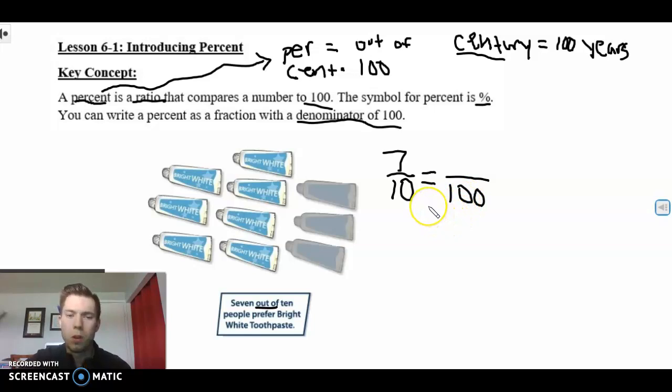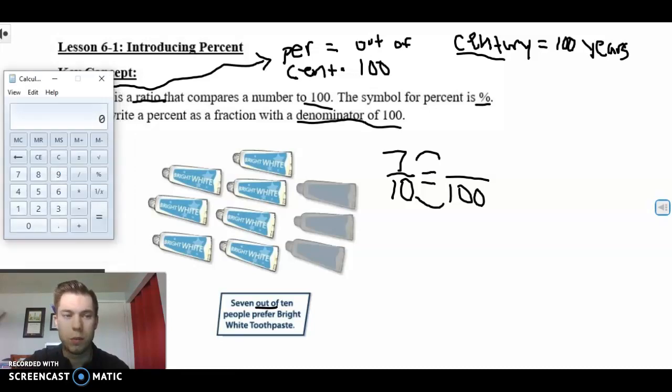So just like we've done with our equivalent ratios and rates recently, we want to create our arches. We want to know how we're going to go from 10 to 100. I'm going to create the arch up here as well. Some of you might be able to do that in your head.